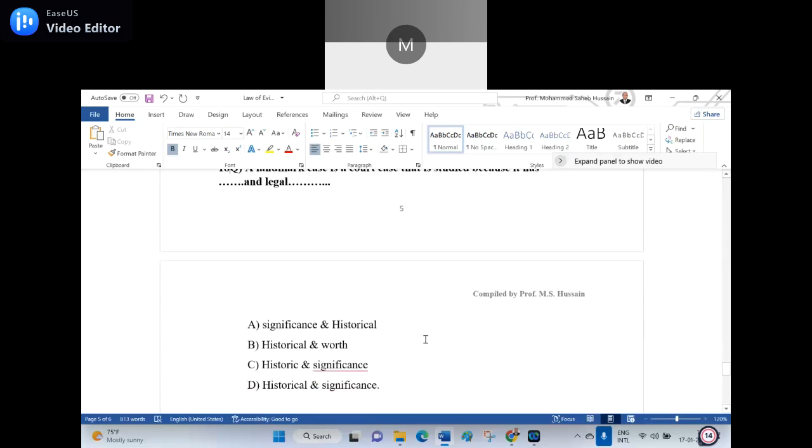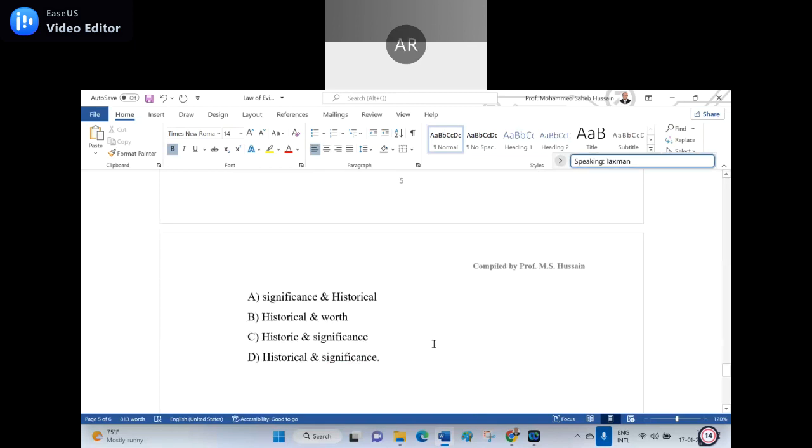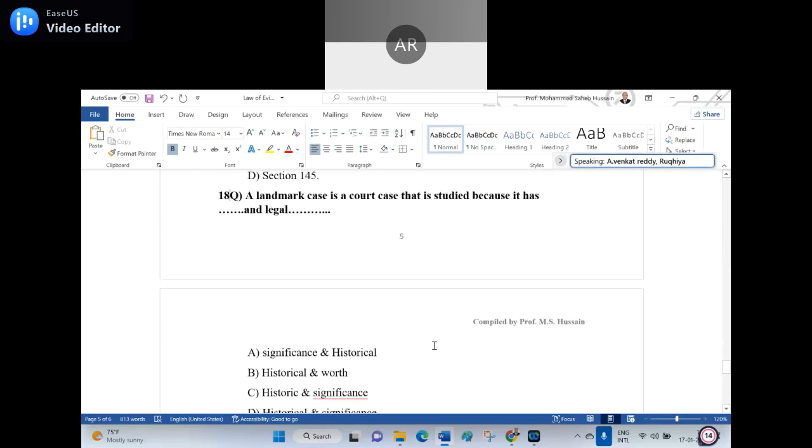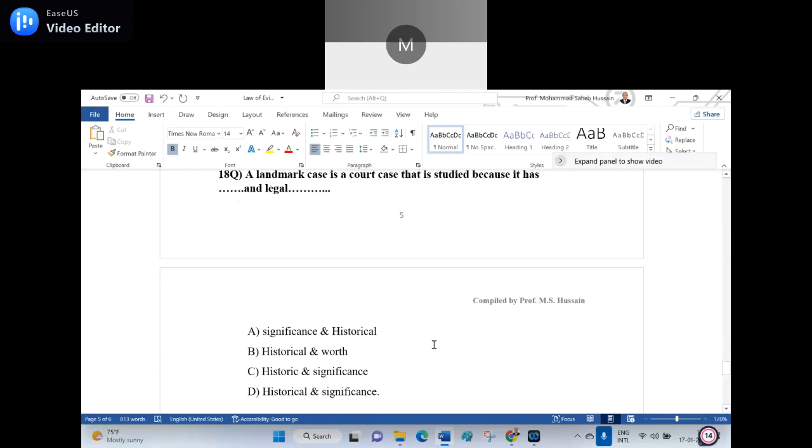Option C, sir. Read: historical and significance. Historical and what? Significance. Wrong. A landmark case is a court case that is studied because it has a dash and legal dash.